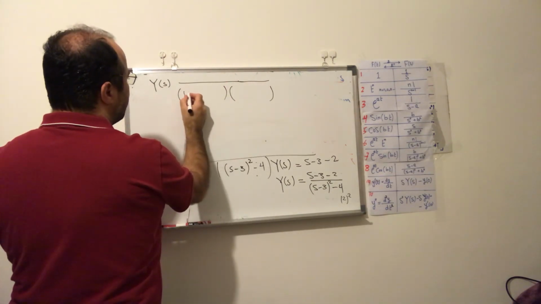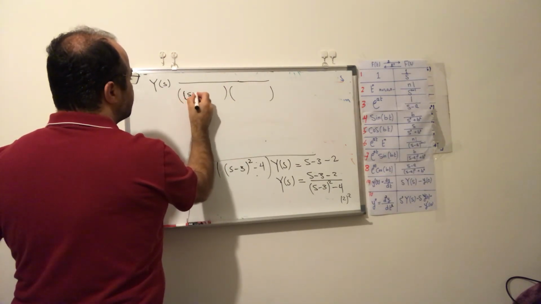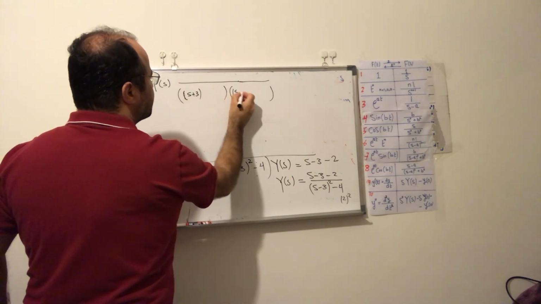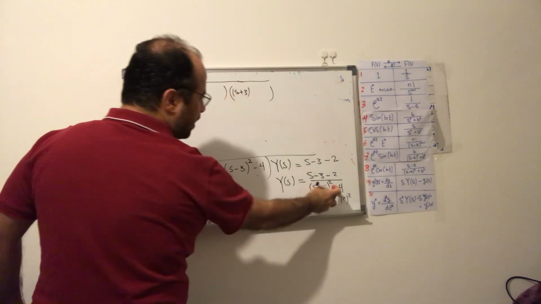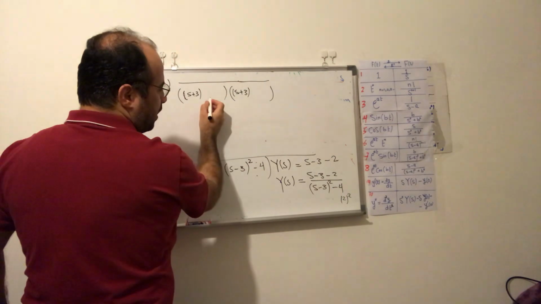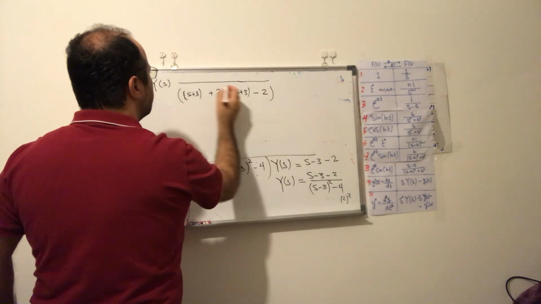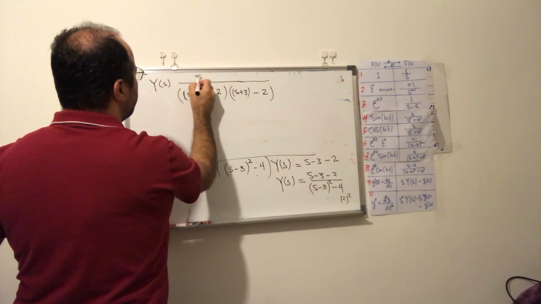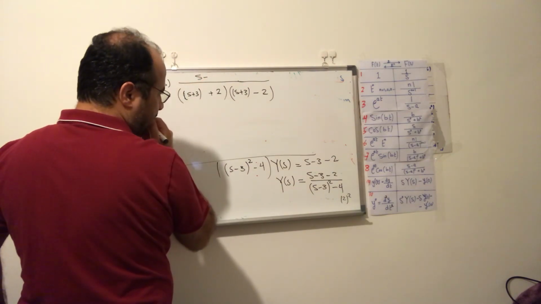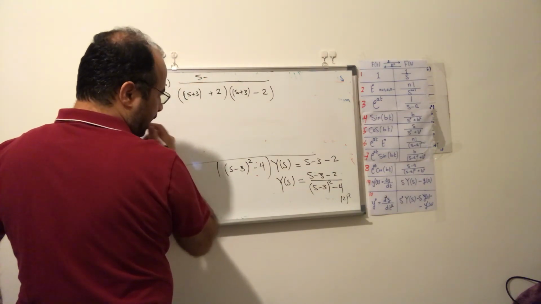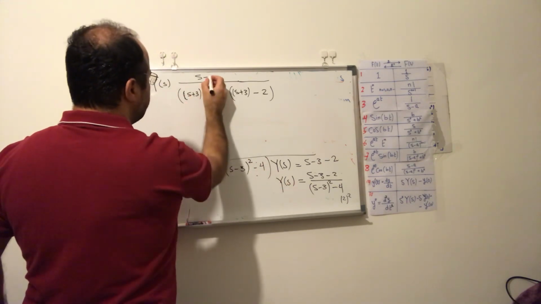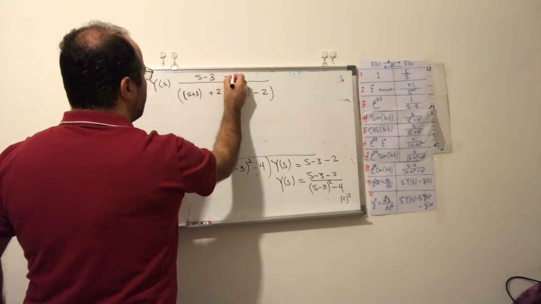Then I'm gonna have s minus 3 plus 2 and s minus 3 minus 2, and up here you have s minus 3 minus 2.